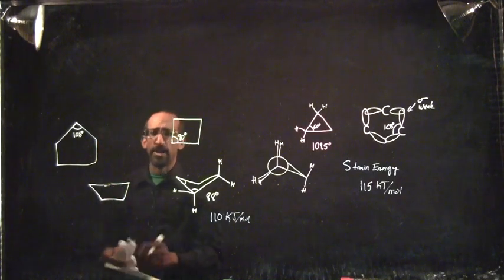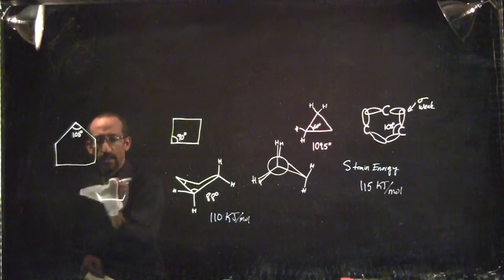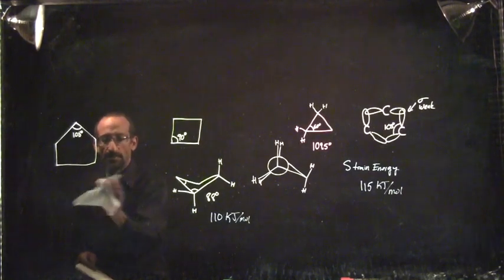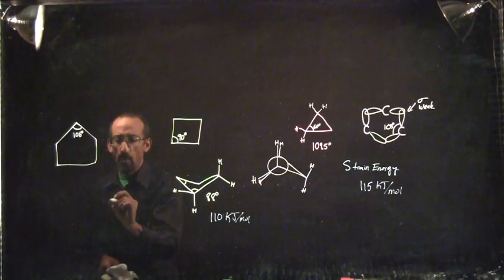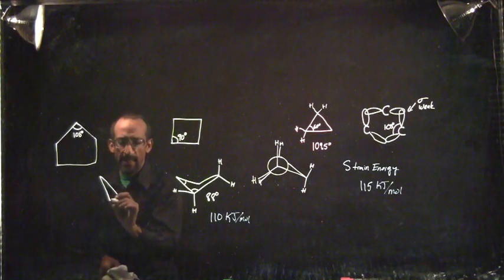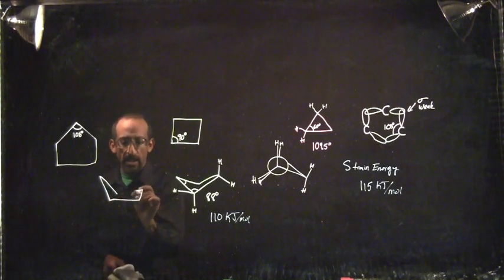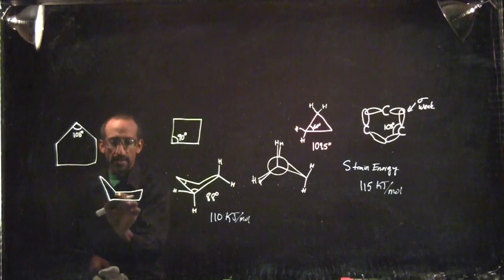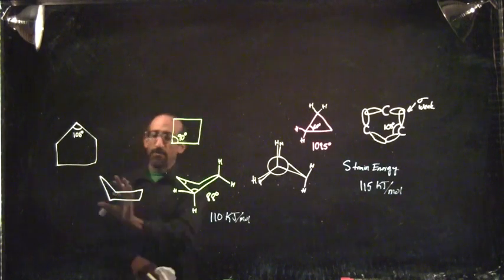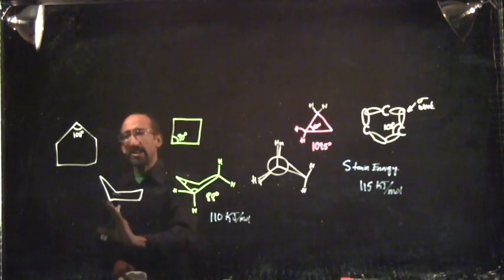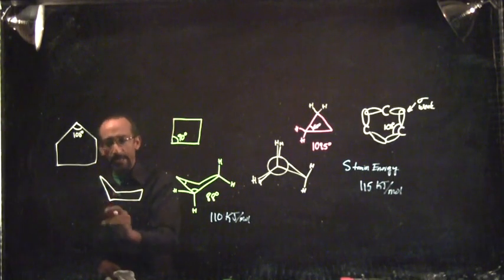Excuse me, let me get a better drawing of this. So it puts 4 carbons in the same plane, slightly better there, and then lifts 1 carbon atom out of the plane.